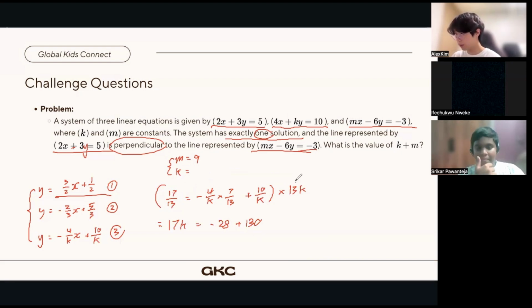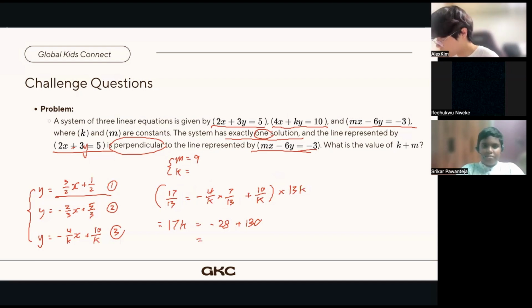For the second part, the 13 cancels out as well as k, so we get negative 4 times 7, which is 28. And for our last part, if we multiply it by this, then only the k cancels out, so it's 10 times 13, so we get 130.